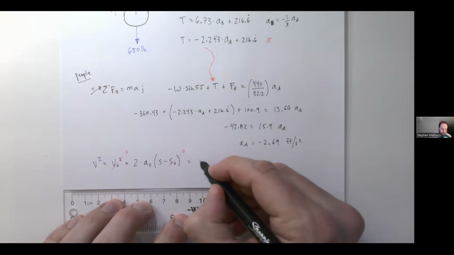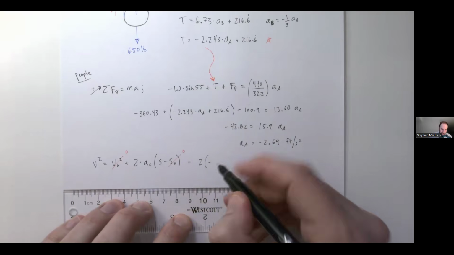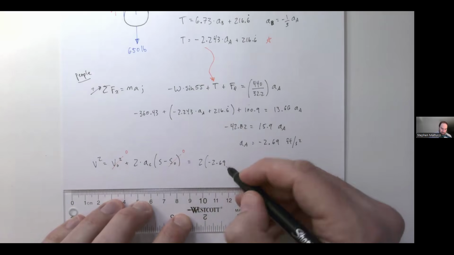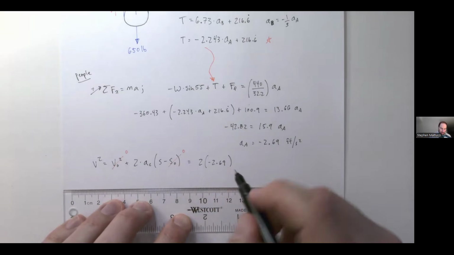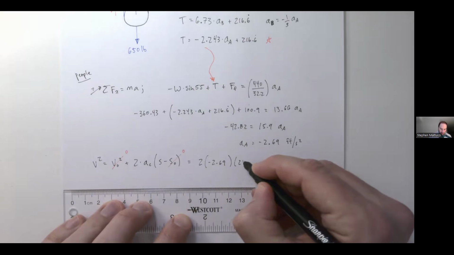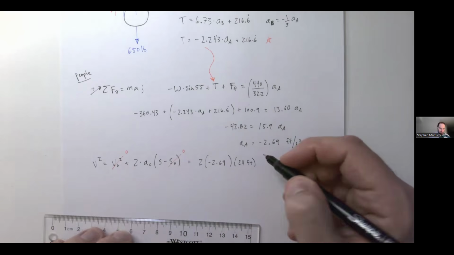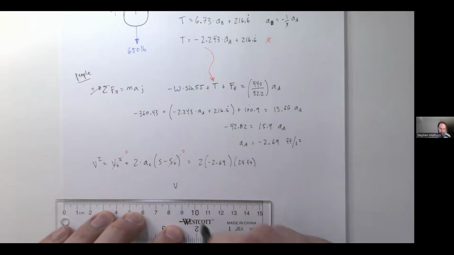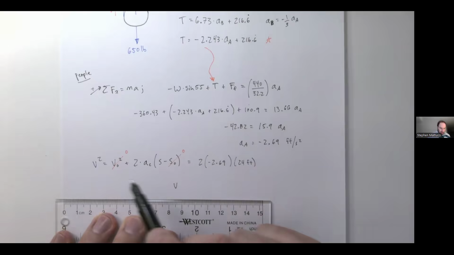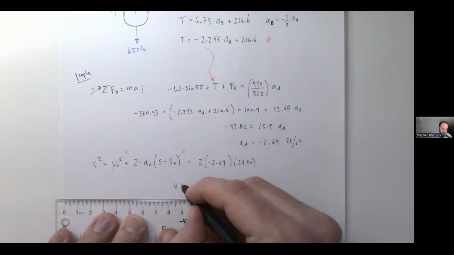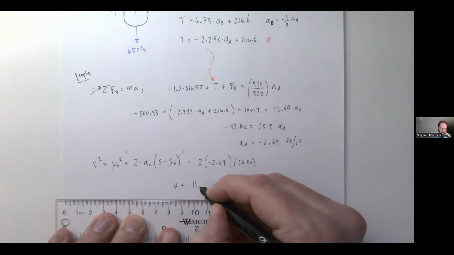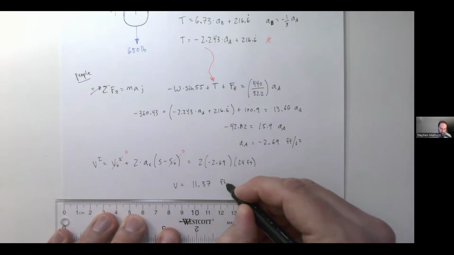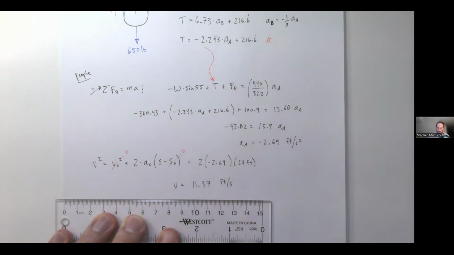So this is just equal to 2 times negative 2.69 times 24 feet. And then we solve this all out. We're going to have to take a square root of this side. We're going to get our velocity is 11.37 feet per second.